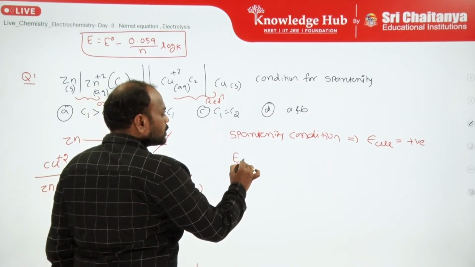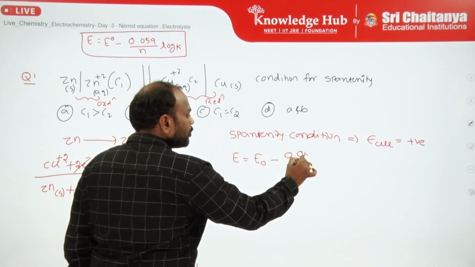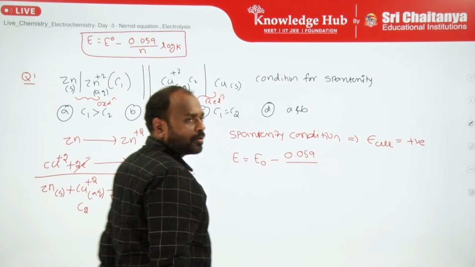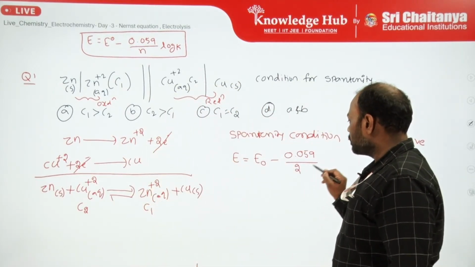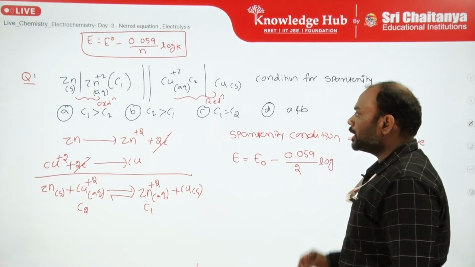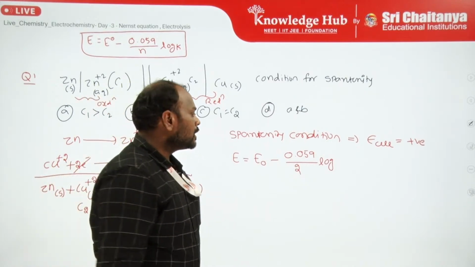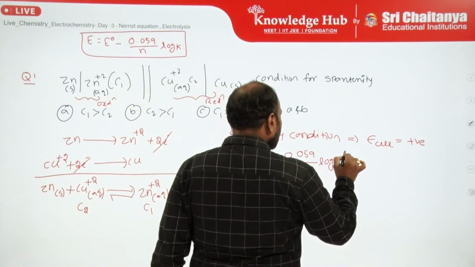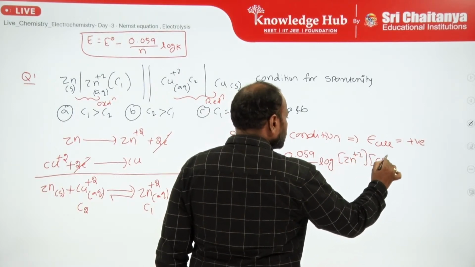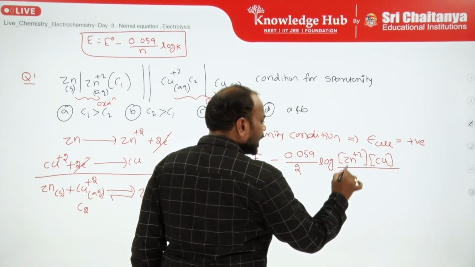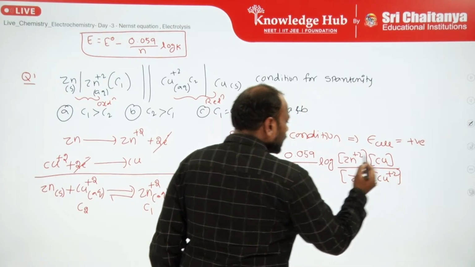E is equals to E naught minus 0.059 by 2 log K. K is the concentration of product by concentration of reactant. The product is Zn plus 2 into Cu, and the reactant is Zn into Cu plus 2.